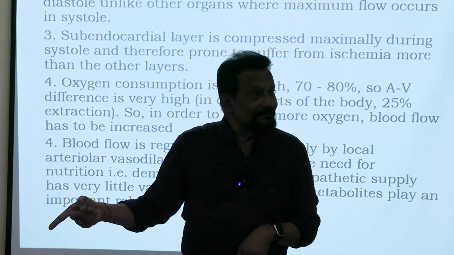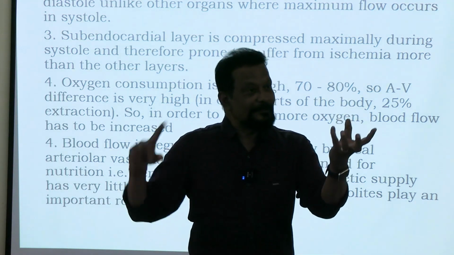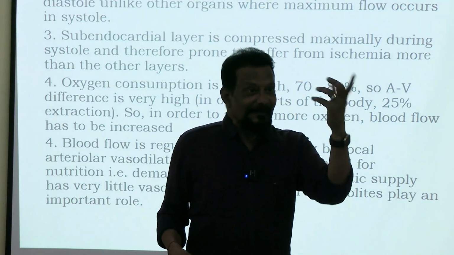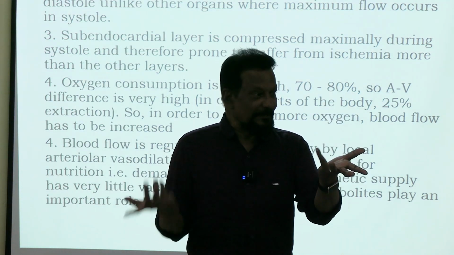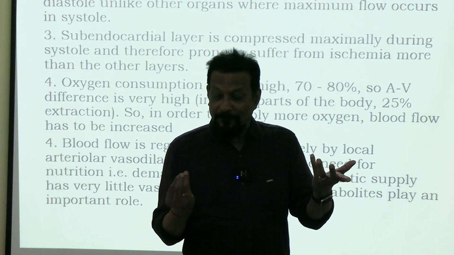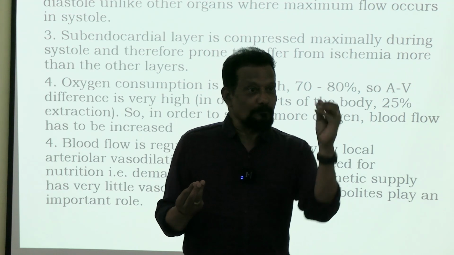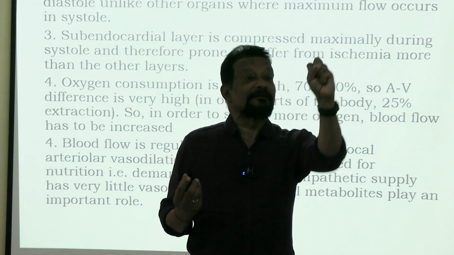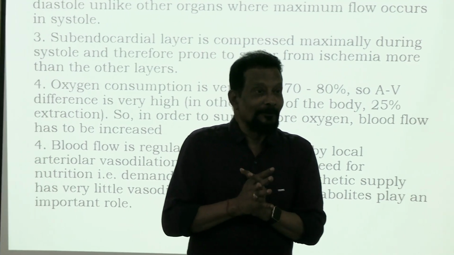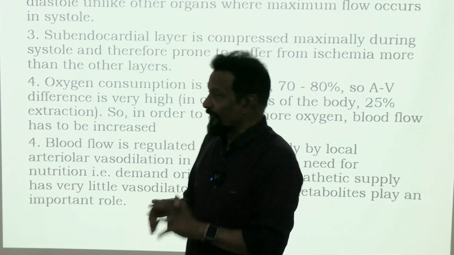If it is 80, then 70 into 80. If your stroke volume is 90, then 90 into 72, or 90 into 75, or 90 into 80. So if your heartbeat increases, cardiac output will increase. If your stroke volume increases, cardiac output will increase. Is that clear? Okay, fine.